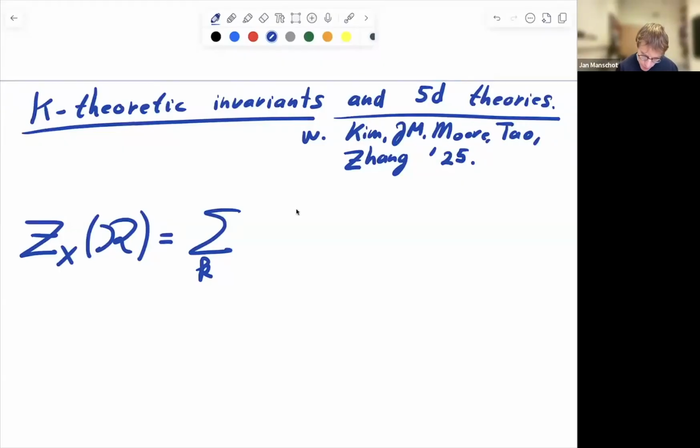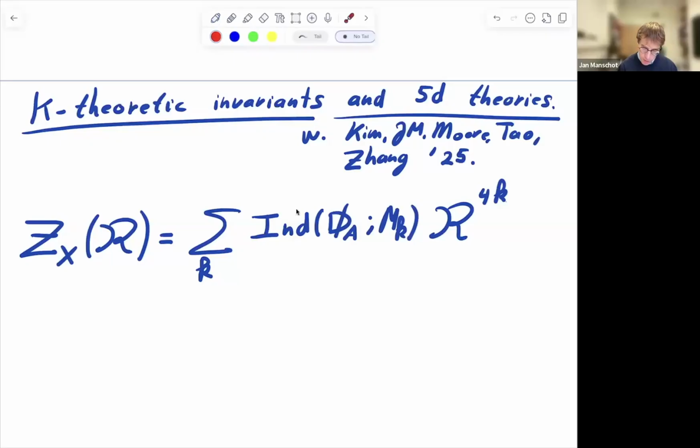The R is the generating variable, so we get a power R to the 4k, and then the coefficients in this expansion are the indices of the Dirac operator, possibly coupled to some bundle, over the moduli space of instantons.